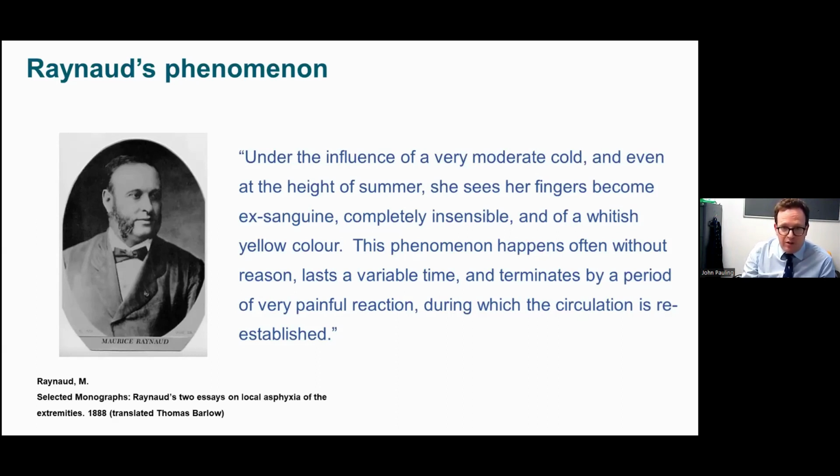And this is as good a description of what most people would consider as primary Raynaud's as you can come up with. I think anyone on this call who has a diagnosis of primary Raynaud's or who's experienced Raynaud's phenomenon will be familiar with this description.